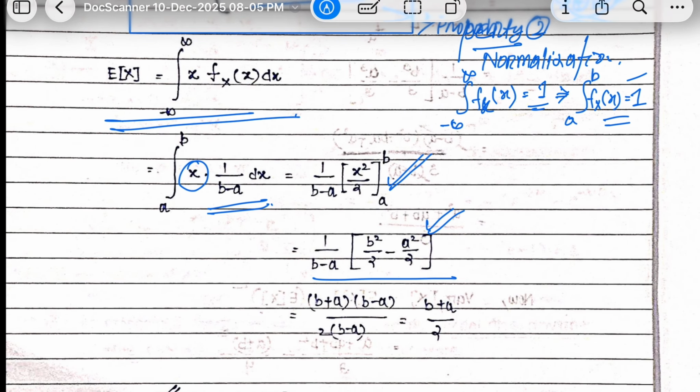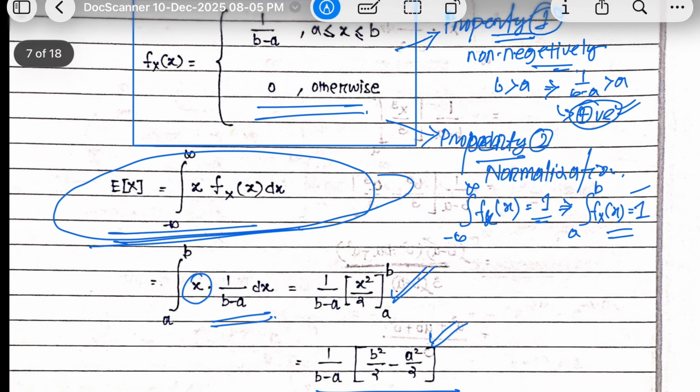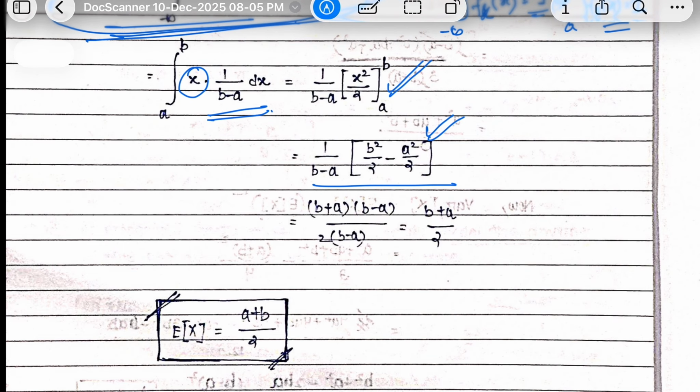you must pause here. Try it, then continue. Watch. So if I extend this, 1 by b minus a, b minus a cancelled, and we get b plus a by 2.